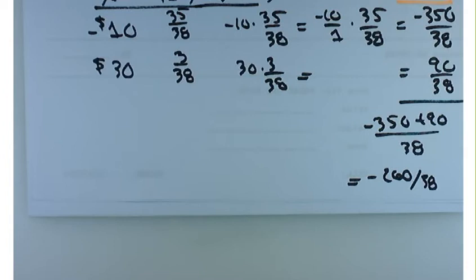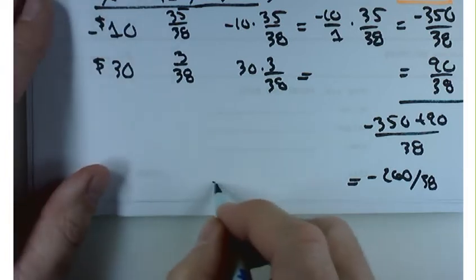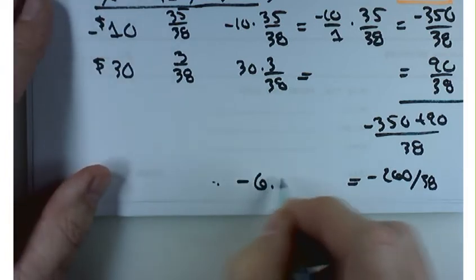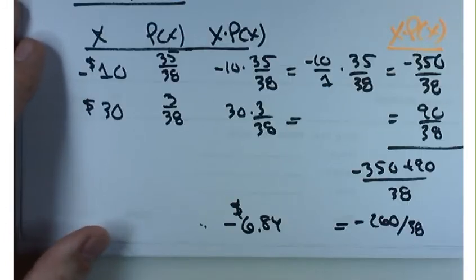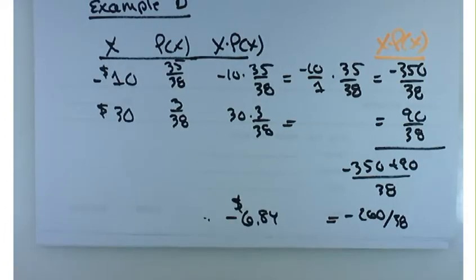Yes, 6.84. Now I'm just rounding this to the nearest penny because we don't have anything smaller than that in our unit of currency. So there you go. That's the expected value when you're playing this game.